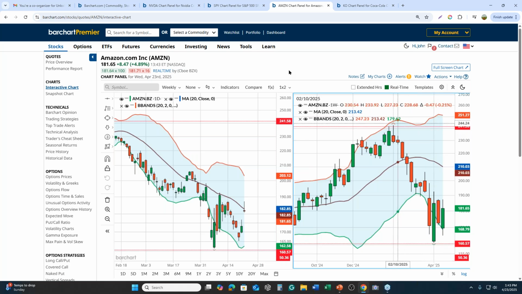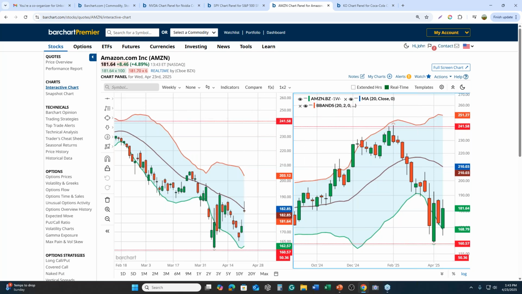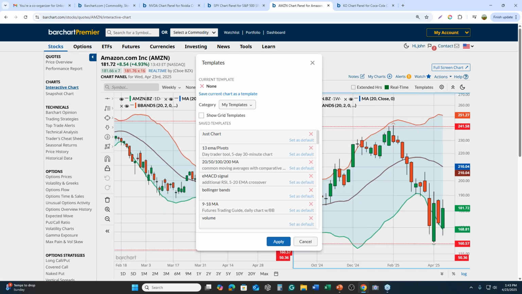Now, what you can do is after you set up these grid charts here, like with any of our templates, you can save them and they will remember those settings. And once you have set up some grid templates that you've created, you can go into here where it says show grid templates.